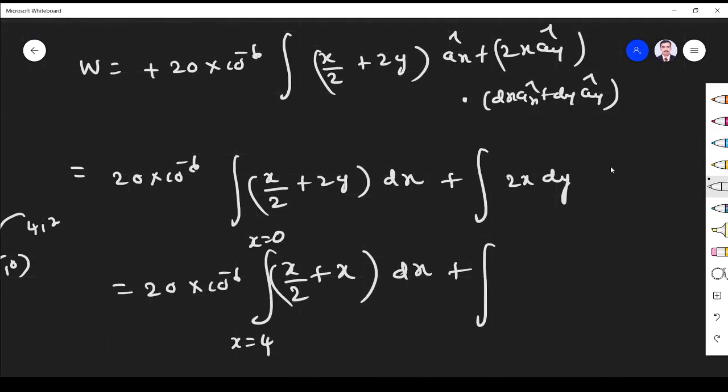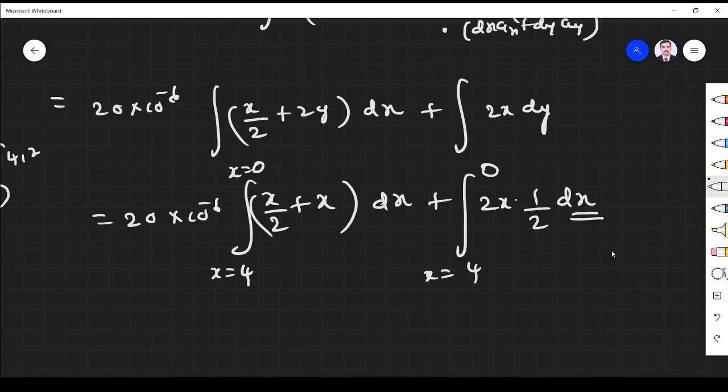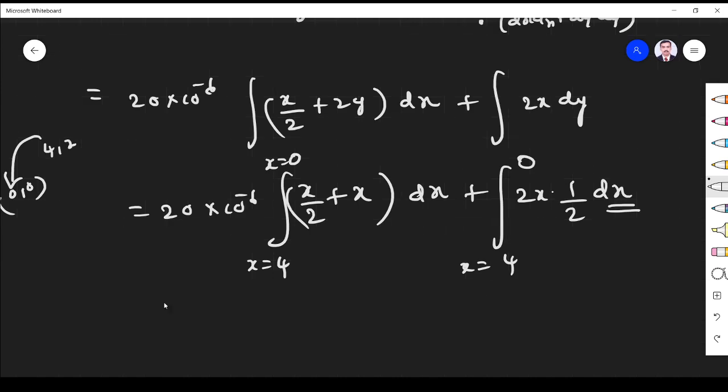The integration again varies from 4 to 0, because the integration is with respect to x. So I convert everything into terms of x. Substituting that, x changes from 4 to 0.